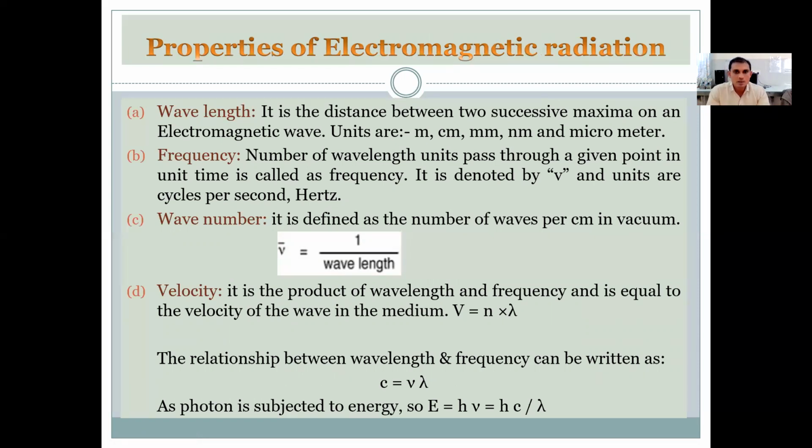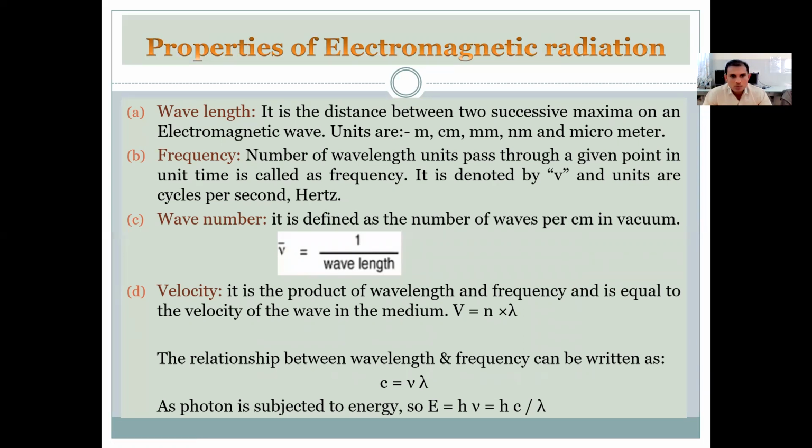The units are meter, centimeter, millimeter, nanometer, and micrometer. Or sometimes it is defined as the distance between two crests or two troughs of electromagnetic waves.